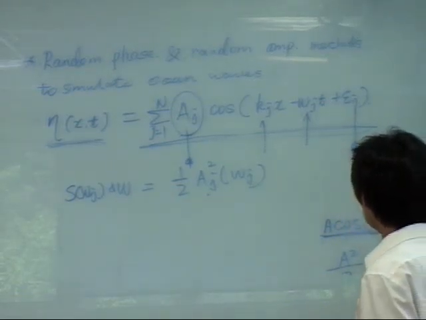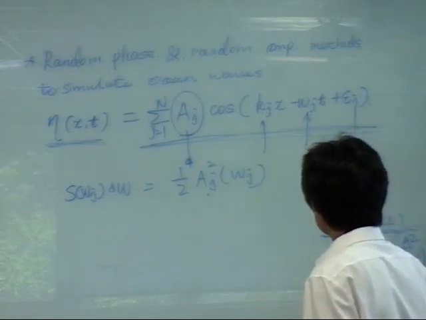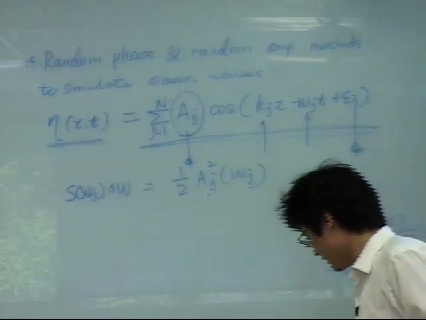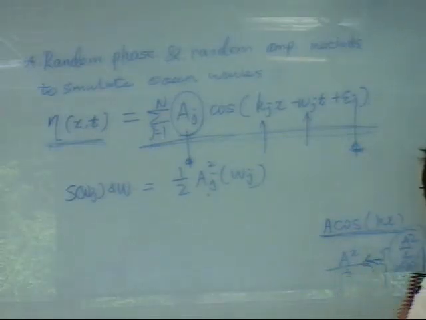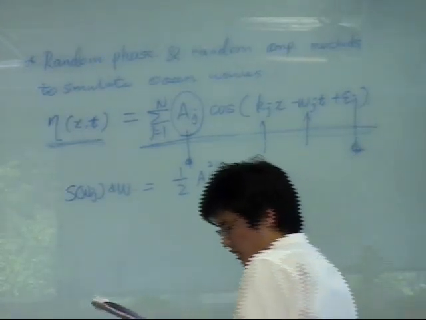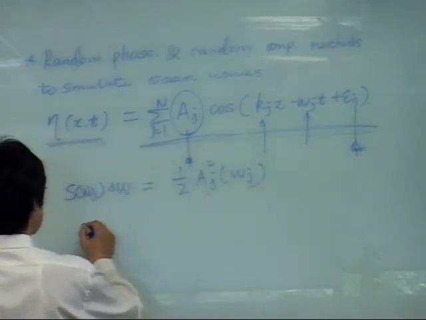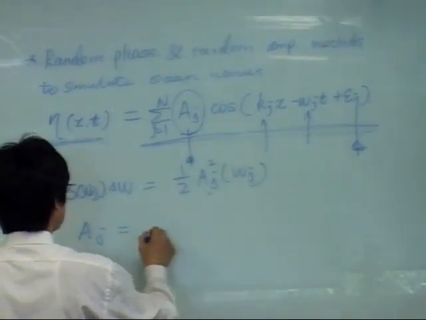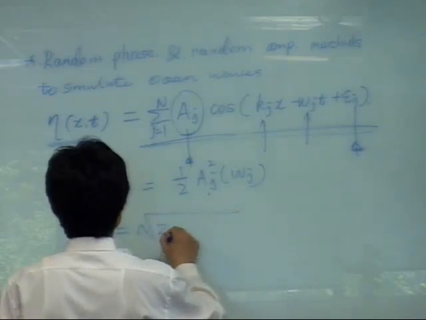The equipartition. So that gives you a half. You have learned this from your linear wave theory. Okay, so we have solved for Aj.